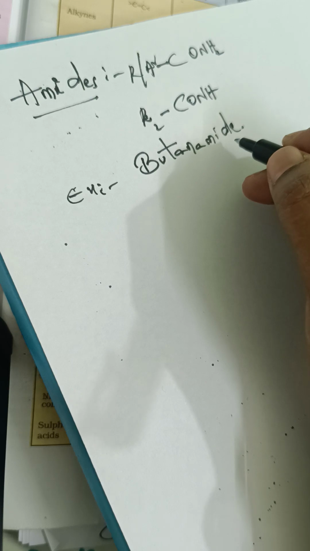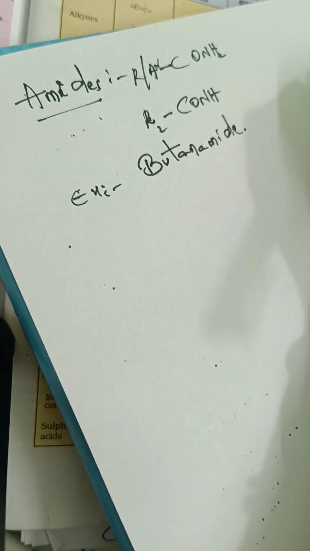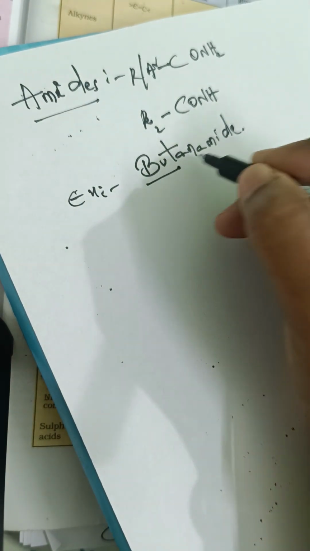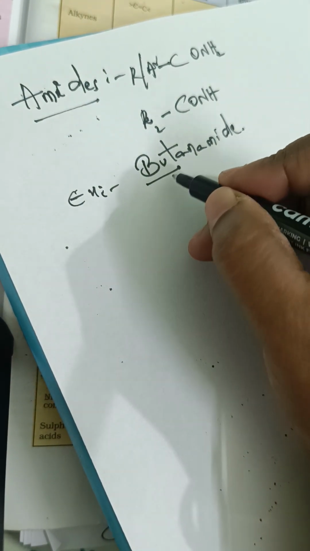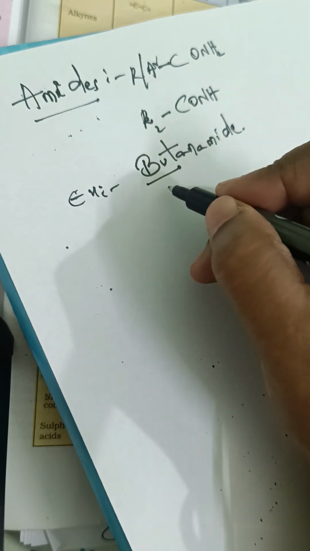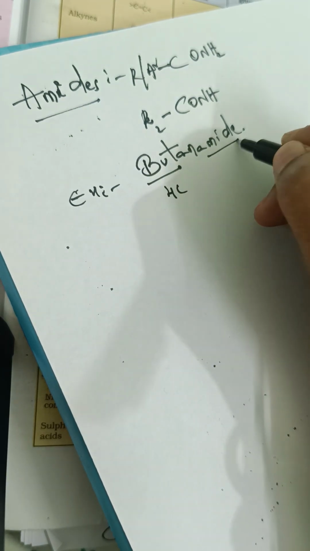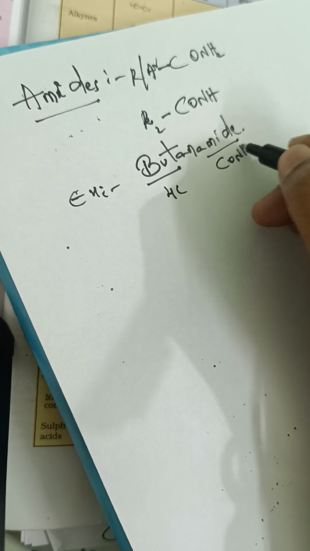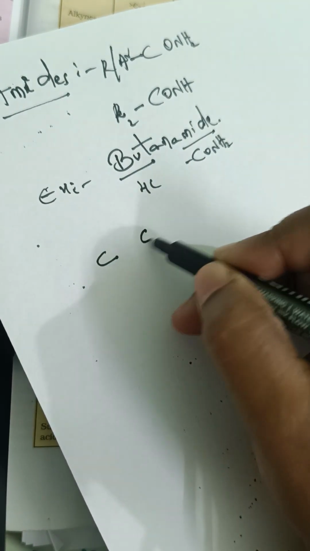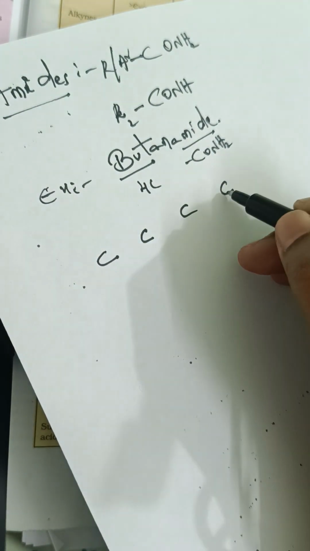Amide will be the suffix and carbamoyl will be the prefix. For this, first you check the number of carbon atoms, that is the parent chain, 4 carbons. Amide is nothing but CONH2. You should add this group CONH2. Buta means you take 4 carbon atoms, 1, 2, 3, 4.